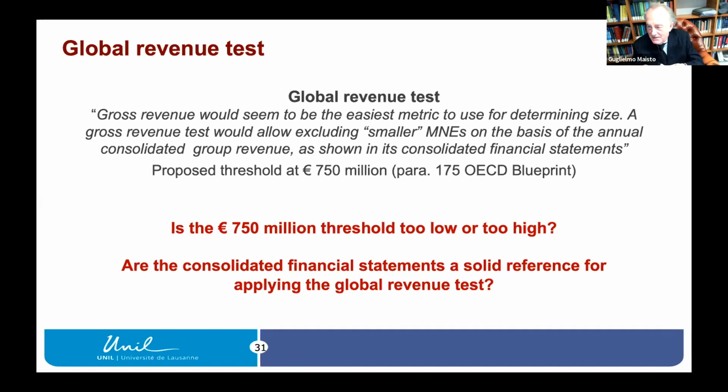If we are talking about 2,300 multinationals, which is the number of groups if we select 750 million, I don't think you can administer this system with a tax auditor, with all respect, who is used to auditing a local entity.